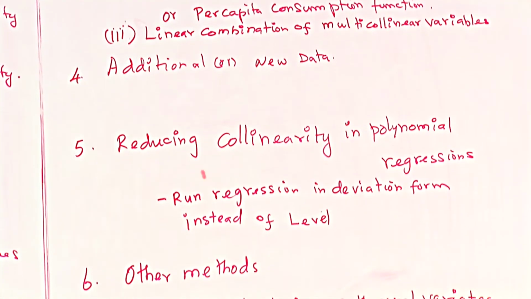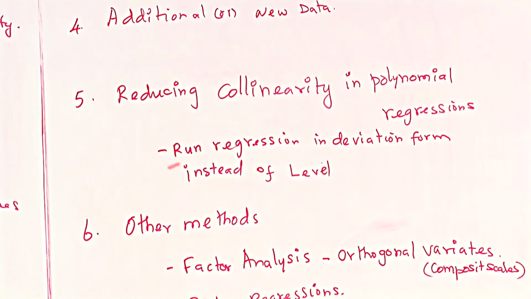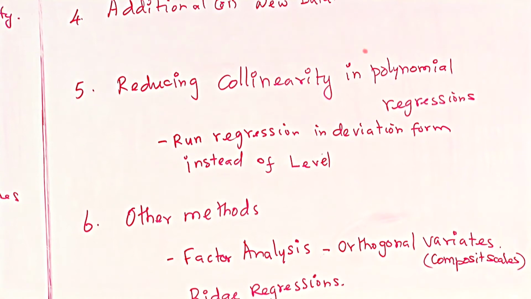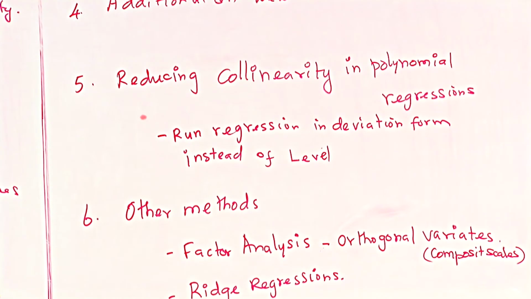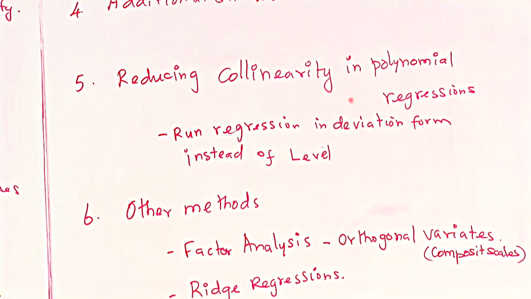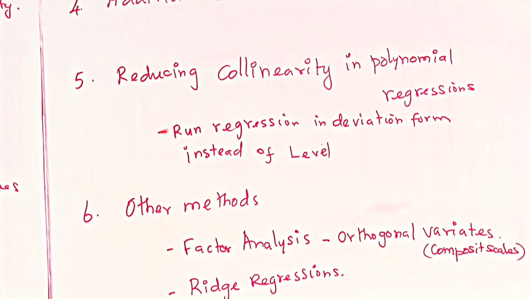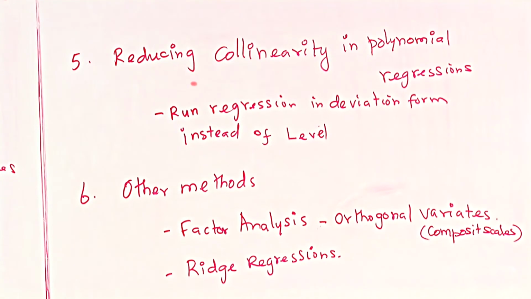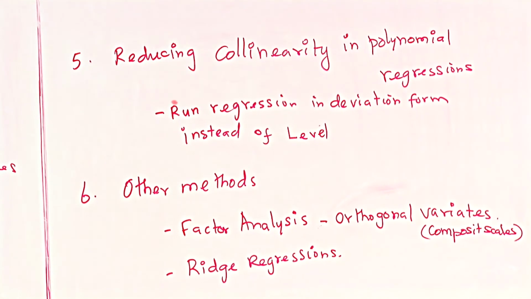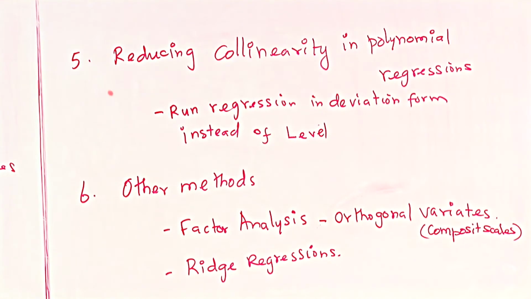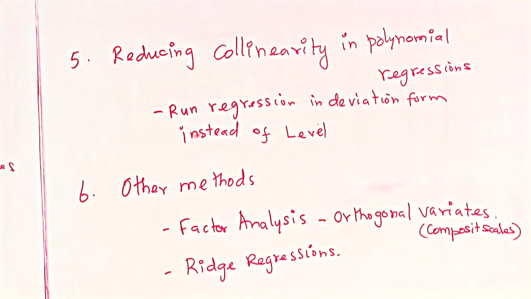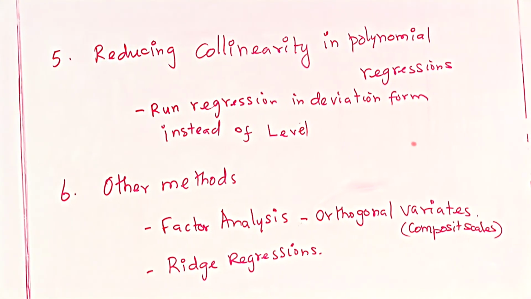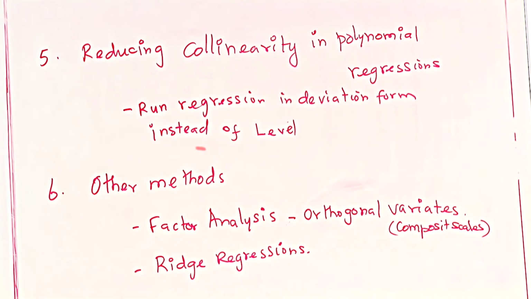And we may address the problem of multicollinearity in polynomial regressions. Polynomial regressions are quite often used, especially when you are running the cost functions. We will run the quadratic and cubic cost functions. In such cases, the multicollinearity problem can be addressed by running the regression in the deviation form instead of at the levels.